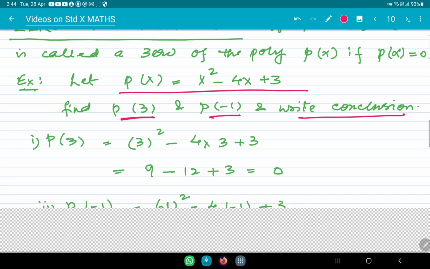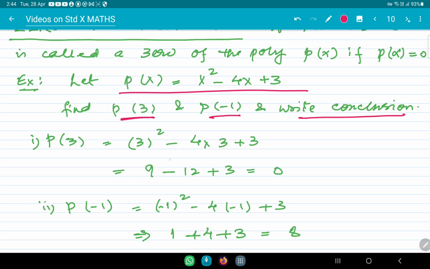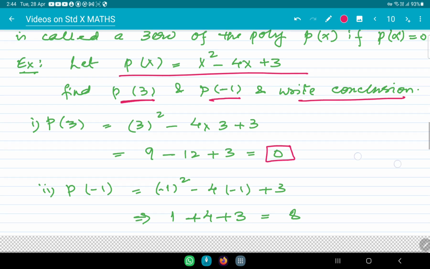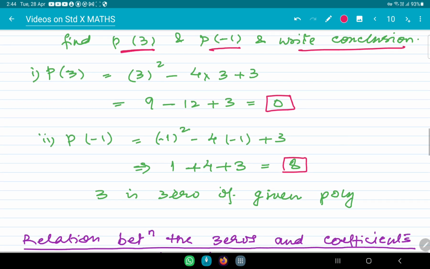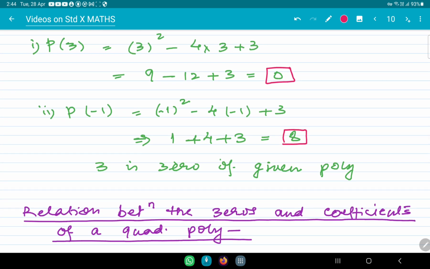First we see p of 3. By putting 3, the given polynomial becomes 0, so we can say 3 is a zero of the given polynomial. But by putting -1, we get a remainder, which is 8. So we say that -1 is not a zero of the given polynomial.